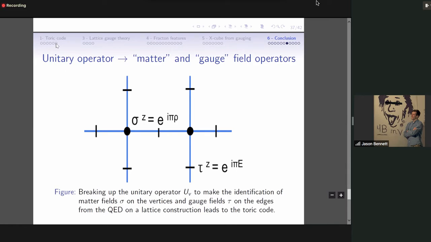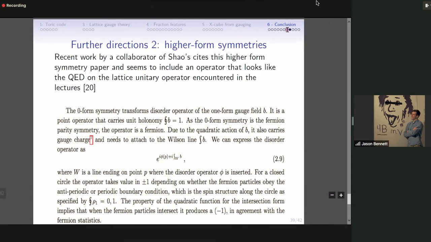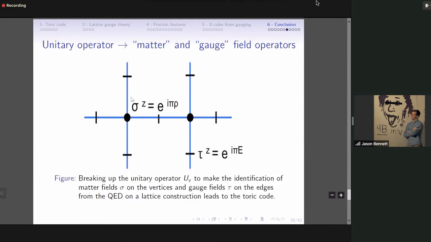I didn't exactly understand that because in the toric code there are no matter fields and gauge fields. We only made that once we had eliminated the matter fields. So the whole argument that the toric code is like QED on the lattice wasn't really settled for me.